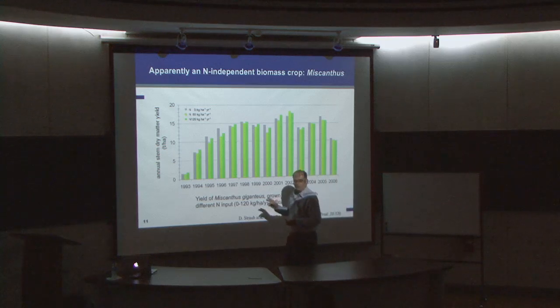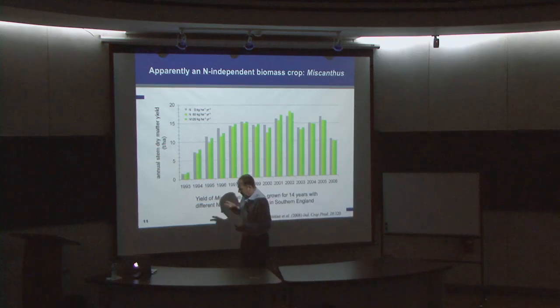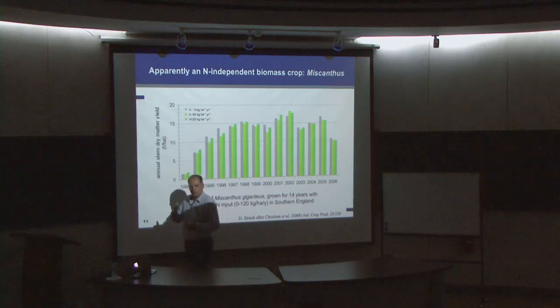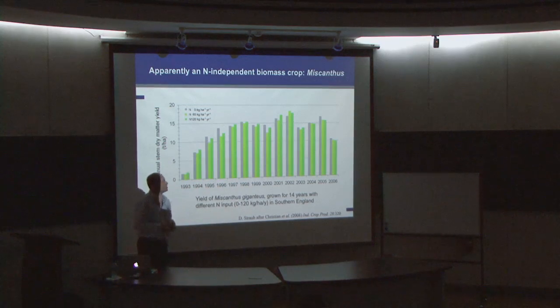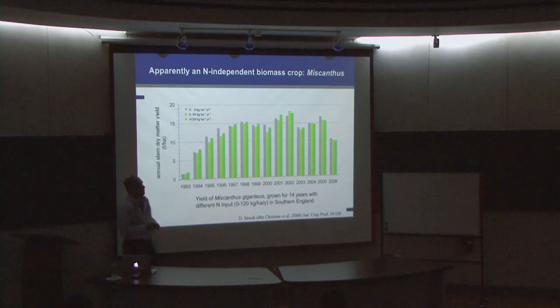You'll see basically a field trial with 3 nitrogen levels of fertilization. The gray one is the 0 nitrogen plot. The light blue one is the 60 kilograms nitrogen per year per hectare. And this dark green is the 120 kilograms nitrogen per year per hectare. So what can you see after you started the plantation?